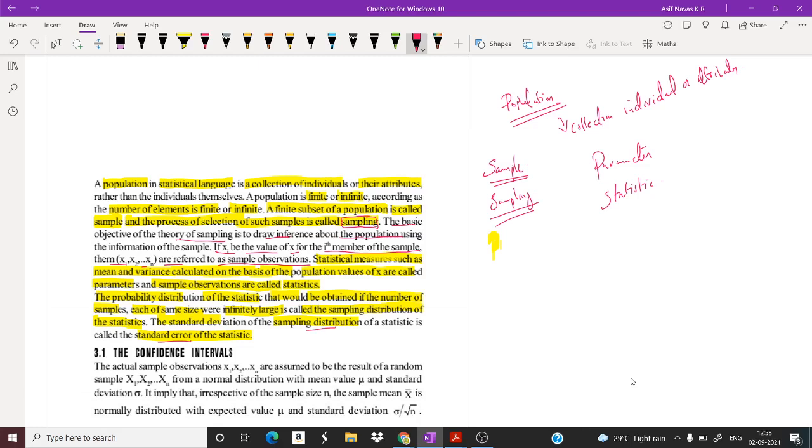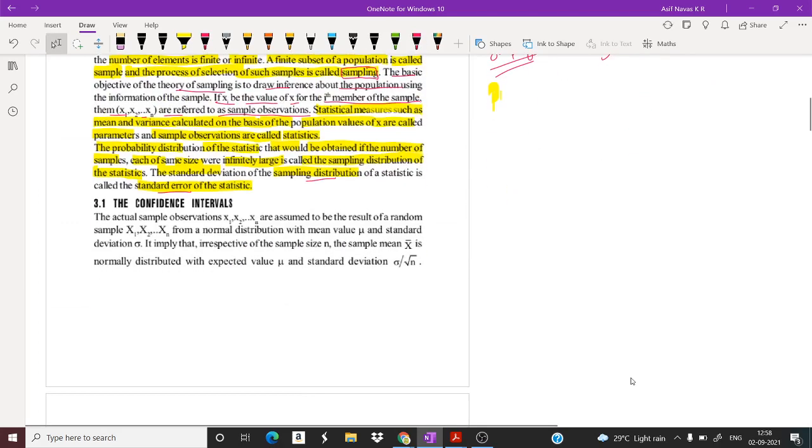So now we will define what is confidence interval. So this is a very important topic. The actual sample observations x1, x2, etc. xn are assumed to be the result of random samples x1, x2, etc. xn from a normal distribution with mean mu and standard deviation sigma.